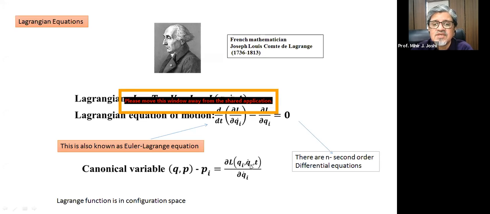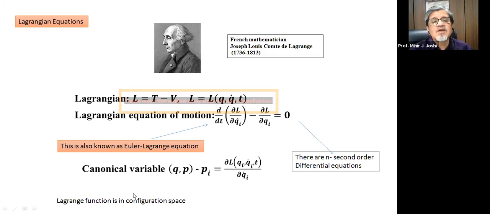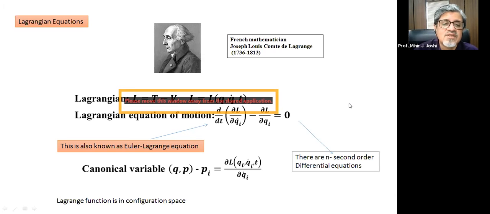So the Lagrangian function connects these two, and that is why this is known as a canonical equation, and these are known as canonical variables. Now, the Lagrangian function is in the configuration space because we know that only q is there, q dot is there, time is there, but momentum is not there. So that is why the Lagrangian equations are formed in configuration space.